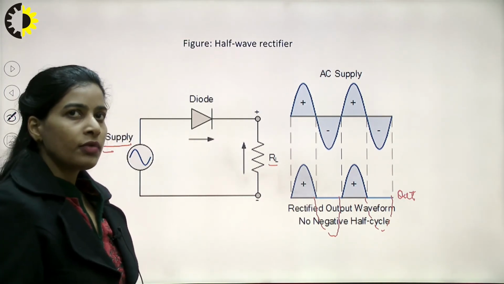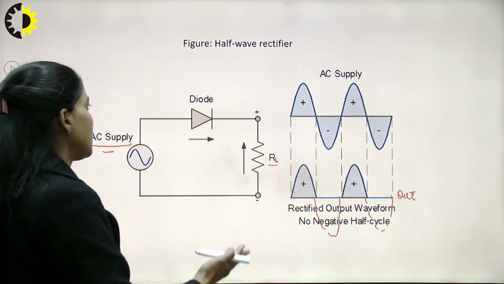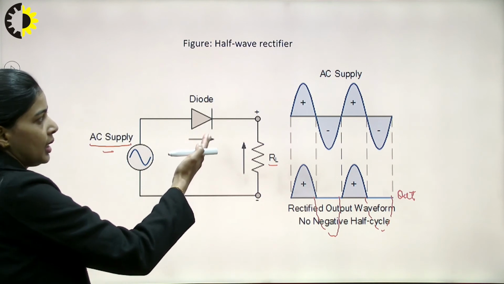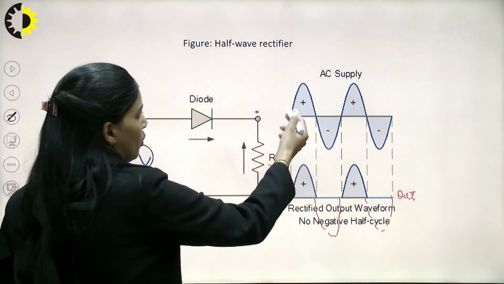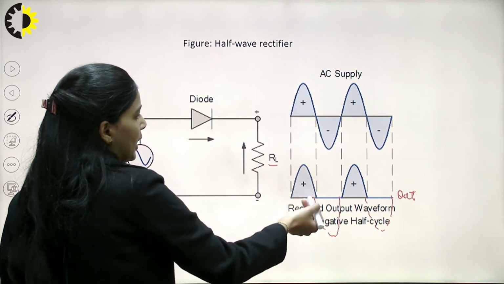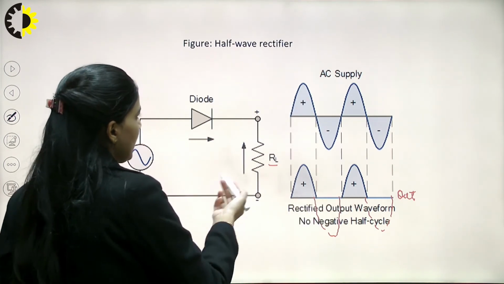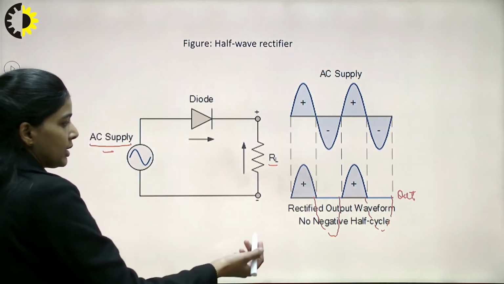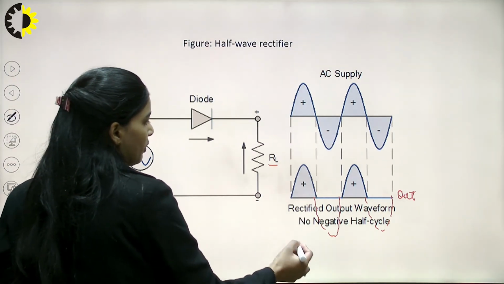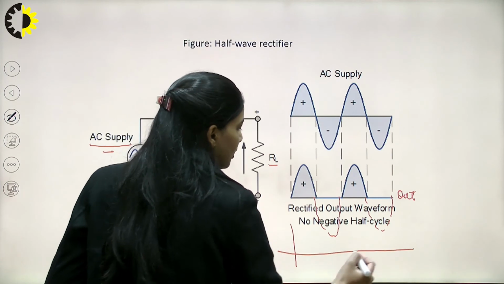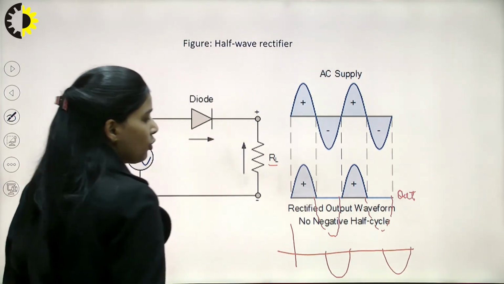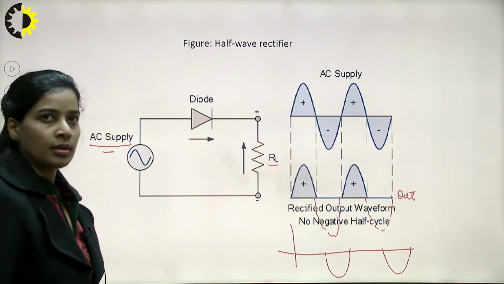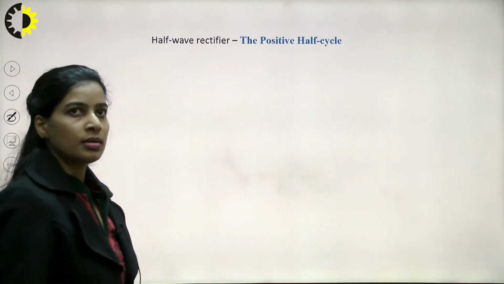In half wave rectification we can connect this diode circuit in two different ways, in which we get the positive pulses in one, and in the other we can have a half wave rectifier in which only the negative cycle appears across the output.